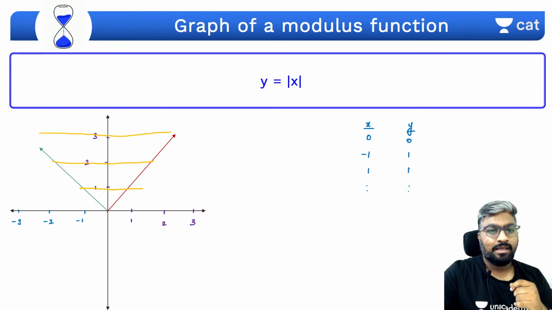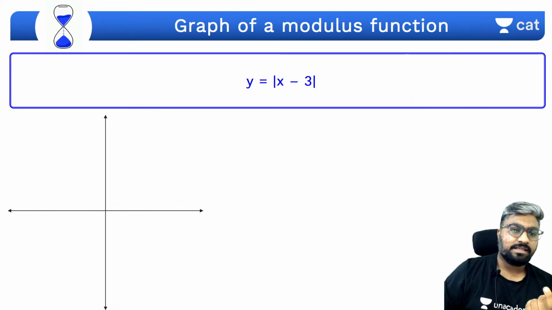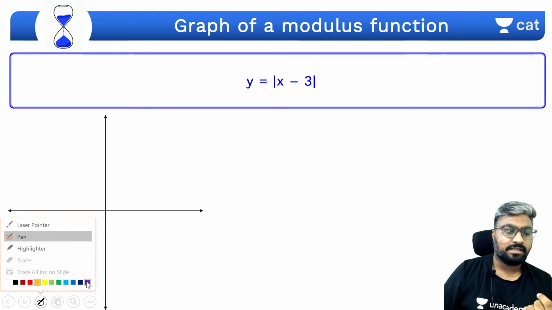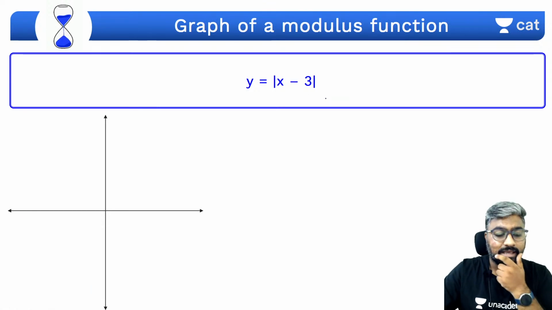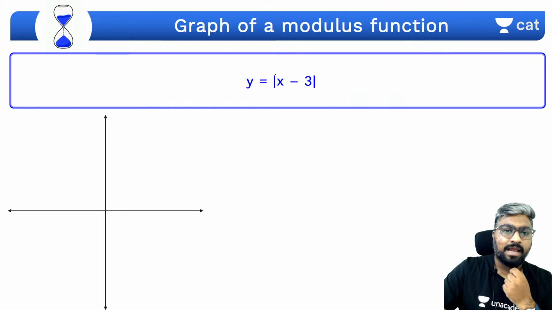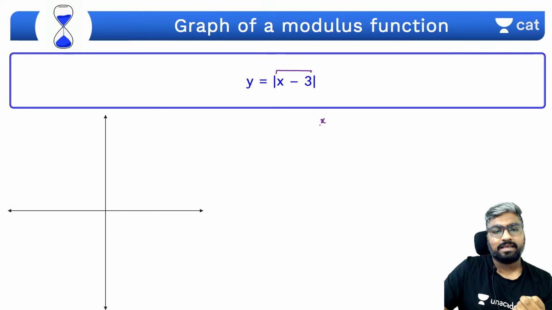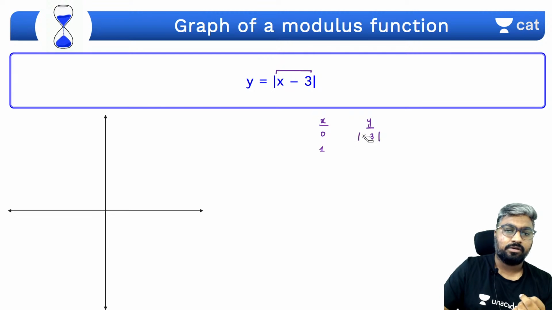Cool. In the same way, if we have a graph, for example, that says y is equal to modulus x - 3, where x - 3 in entirety is within modulus. In that case, when x is 0, y becomes modulus of -3, that is 3.